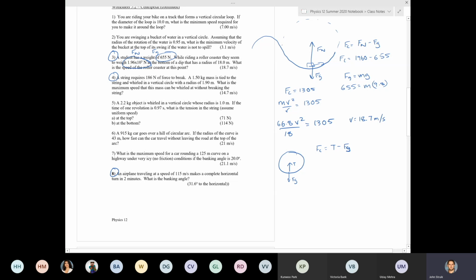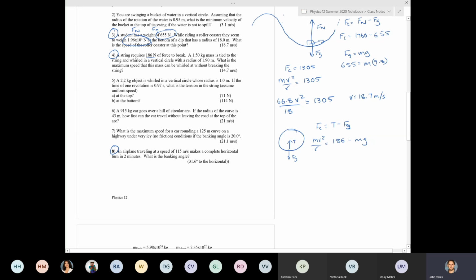So then it requires 186 newtons of force to break. So let's set that as our maximum. So we have mv squared over r equals our maximum, 186 minus mg. Okay, and then you can just solve for v.